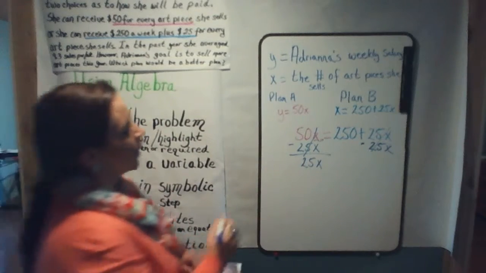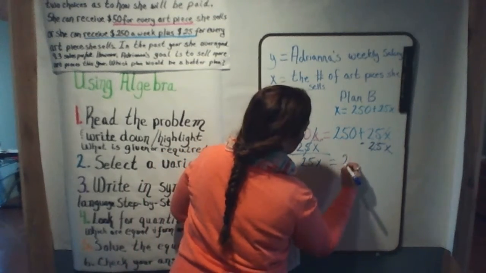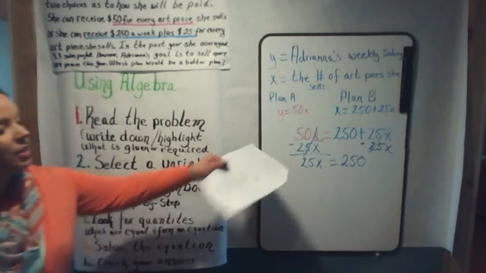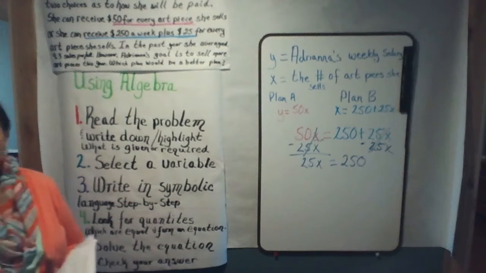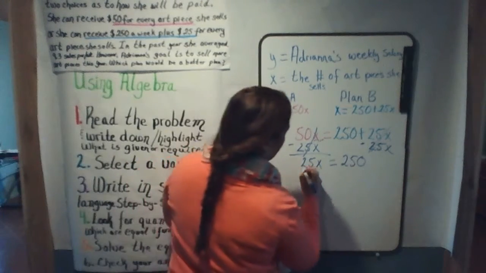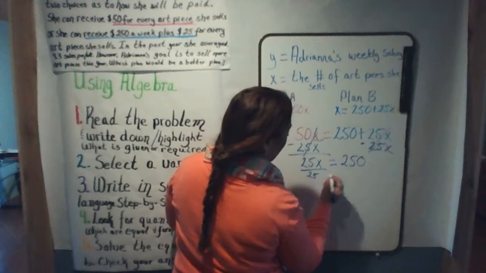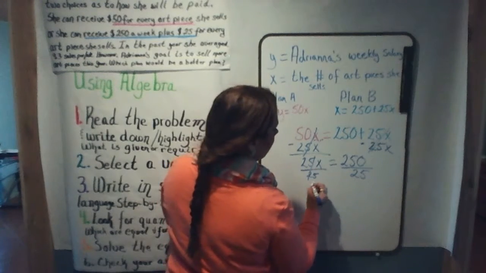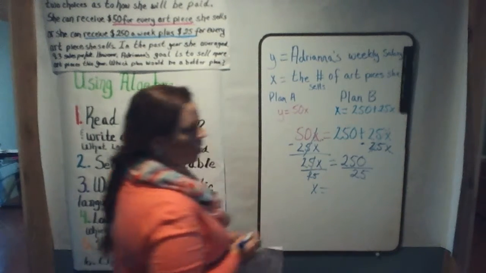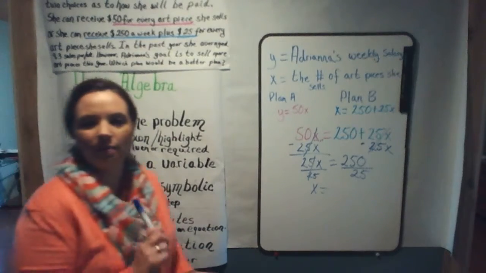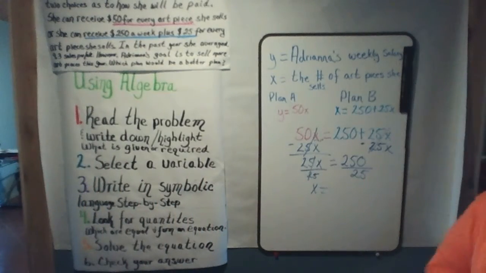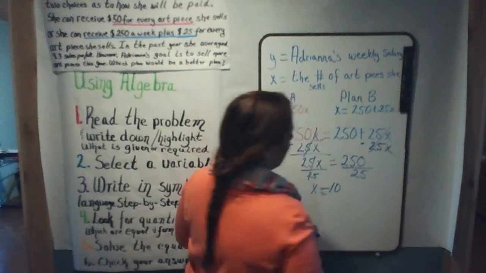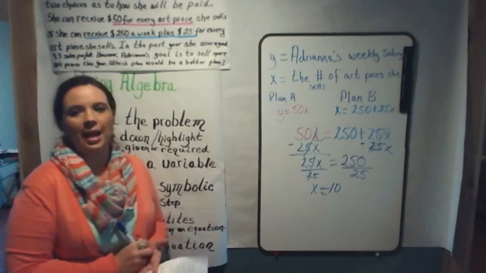Equals $250 because we already subtracted the 25x and moved it over. Now, what do we do? We divide by 25 because we're trying to get x by itself. 25's cancel and x equals, 25 goes into 250 how many times? 10 times. So x equals 10.